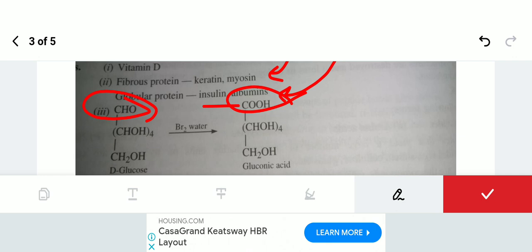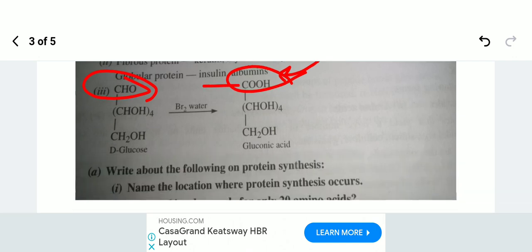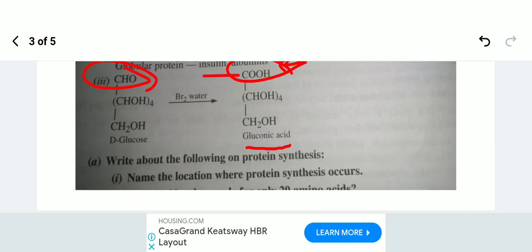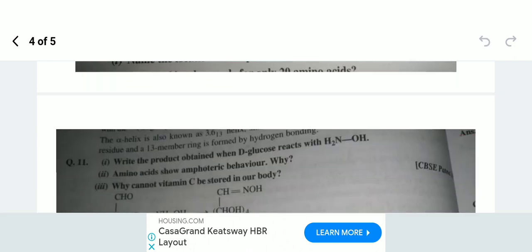This is what happens when D-glucose reacts with bromine water. Since it is derived from glucose and contains an acid group, we call this gluconic acid. We also saw the examples of fibrous protein, keratin and myosin, and globular protein, insulin and albumin.